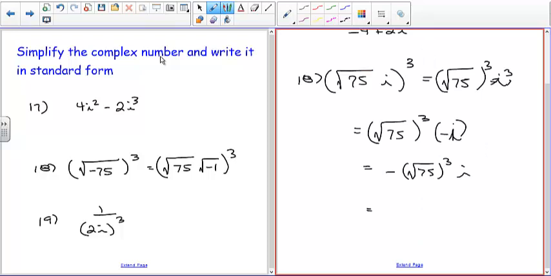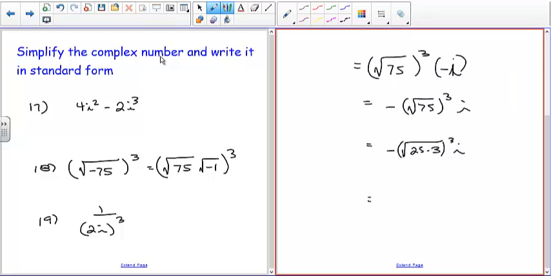Just think about this. 75 is equal to 25 times 3. So you're taking that and then cubing it. The square root of 25 is 5, so you'd have negative 5 times the square root of 3, the whole thing cubed times i. Then you could cube each one of those, so you get negative 5 cubed times the square root of 3 cubed times i.